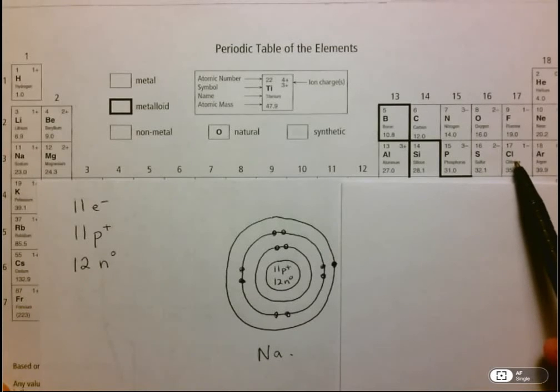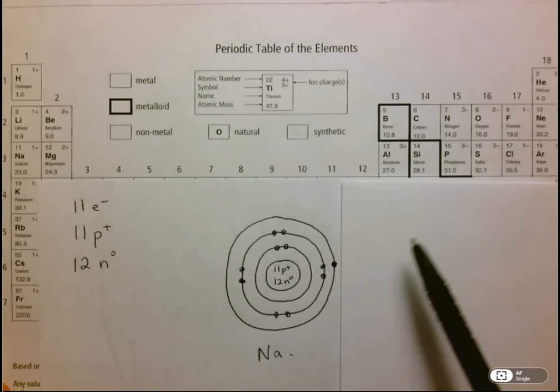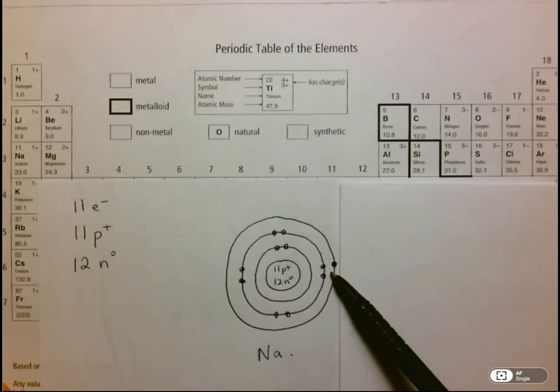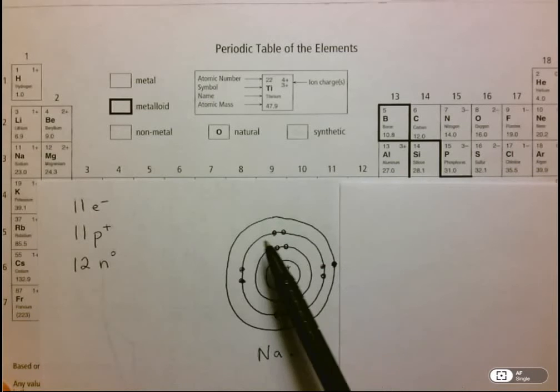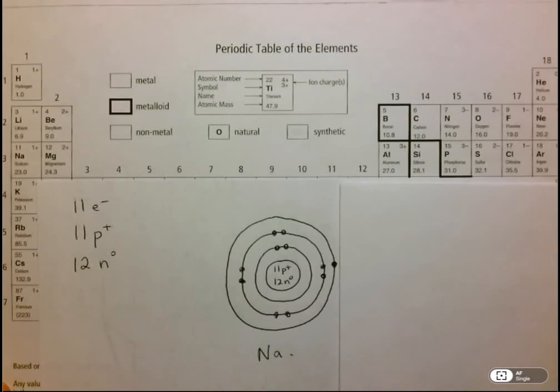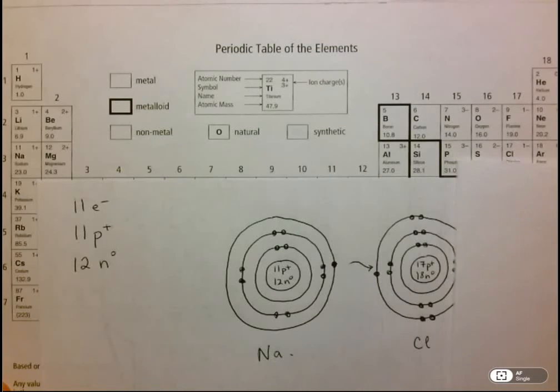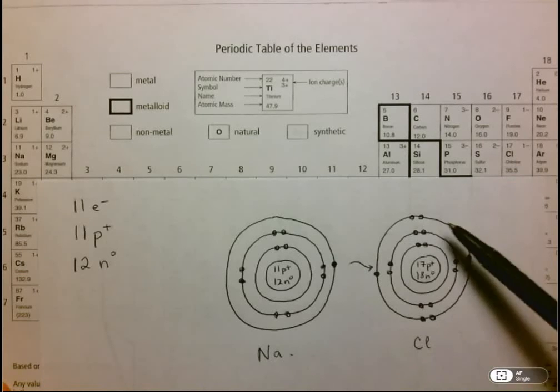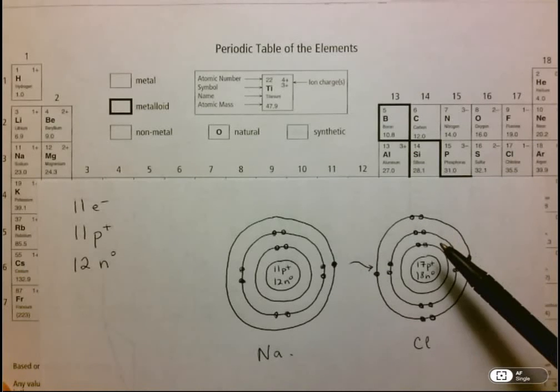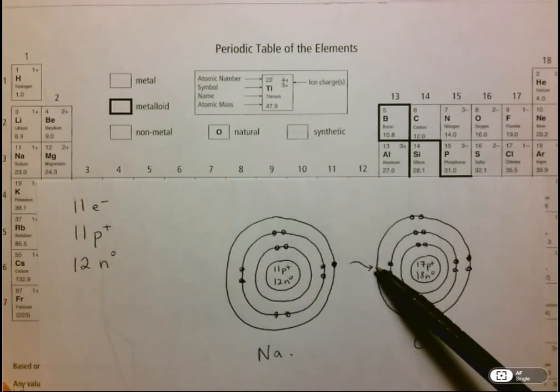And what atoms like to do is they like to have full outer shells. So sodium losing the one in the third shell would then be left with a complete second shell. And here chlorine, which has 7 electrons in its outer shell, would like to have 8.